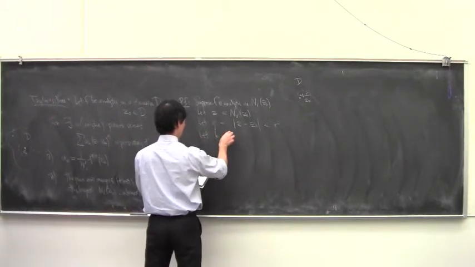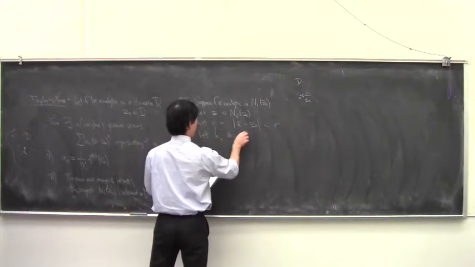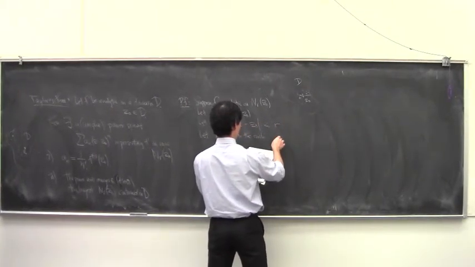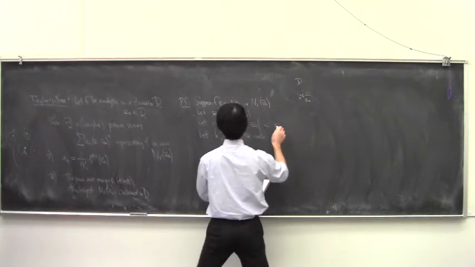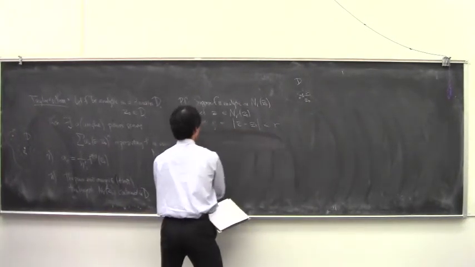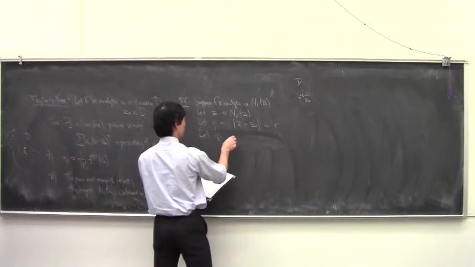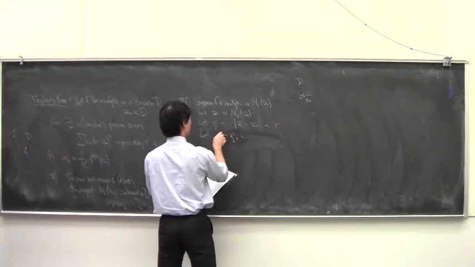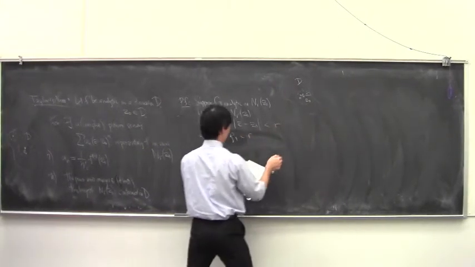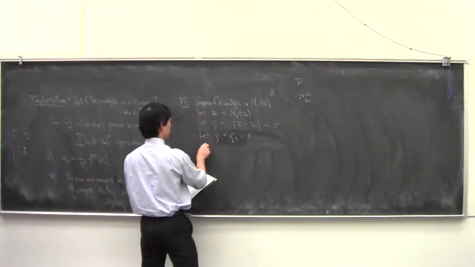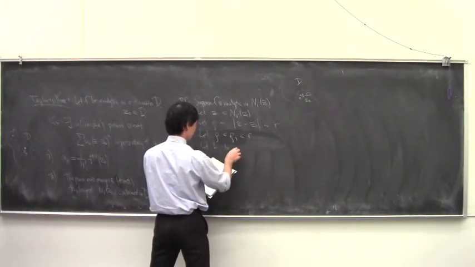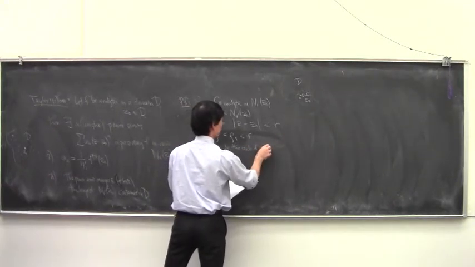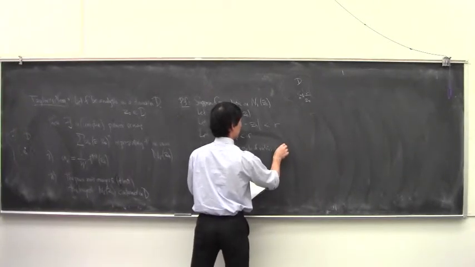Let rho 1 be bigger than rho, but smaller than R. And let K1 be the circle of radius rho 1 around z naught.